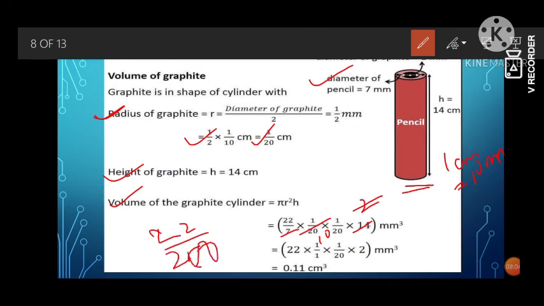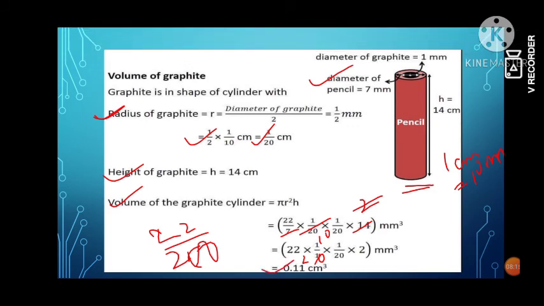This is what we are going to get, and on calculating we will get 0.11 centimeter cube. This is the volume for the graphite part.